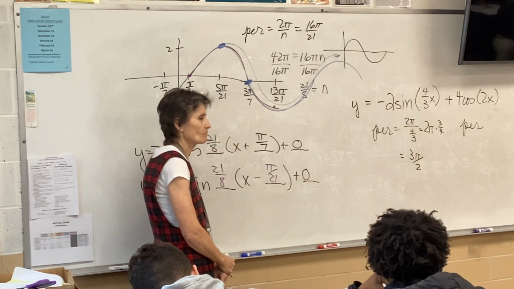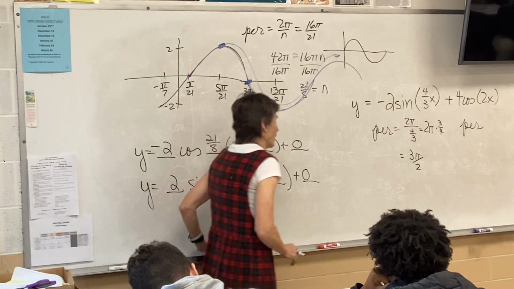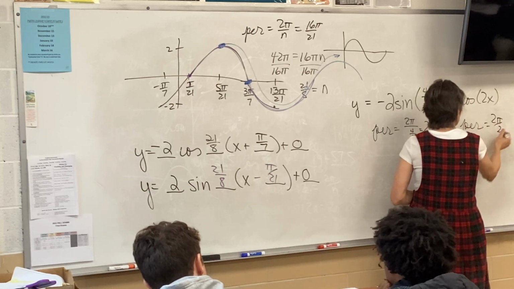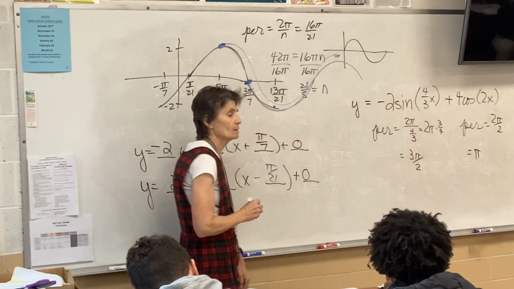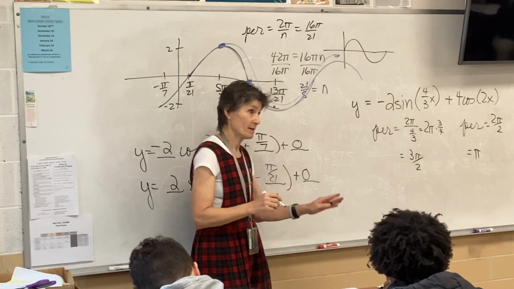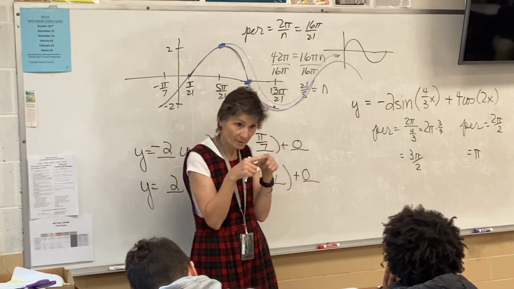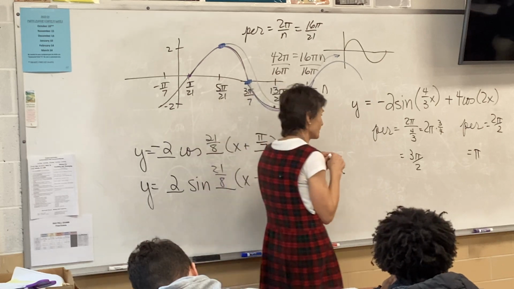Yeah. Okay. Now, what's the period of the other one? 2 pi over 2, so that's going to be pi. So, not a sinusoid, right? Because what did we say yesterday? If it's going to be a sinusoid, then the two pieces have to have the same period. Obviously, these don't.